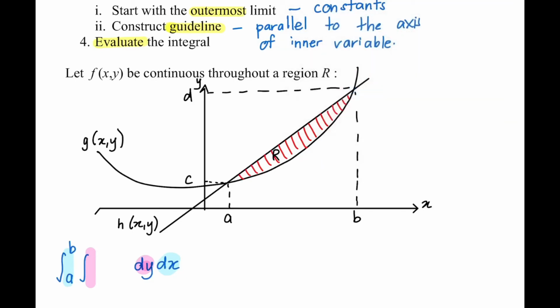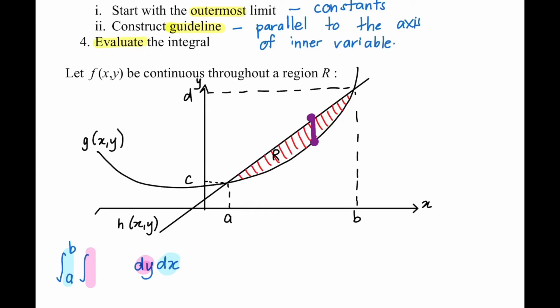Okay, let's use that. So the guideline is parallel to the y-axis, anywhere on the region. Just sketch one line. The bottom bit here will be your lower limit, and that will be your upper limit.